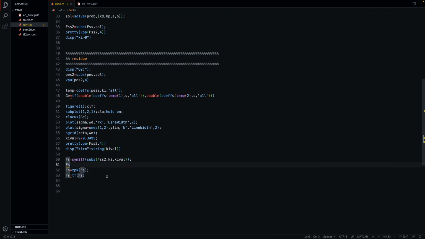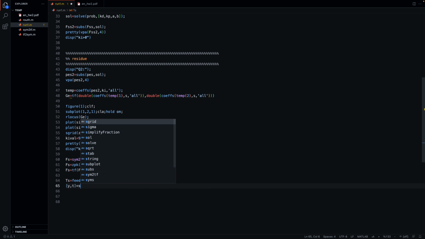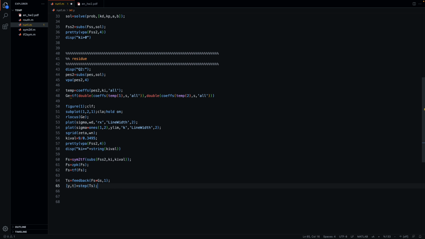So we have fs. I'm going to get rid of this, and I'm just going to calculate TS based on that. It's going to be feedback fs times TS, comma 1. And we need the step response out of it. So let's calculate the step response using this.